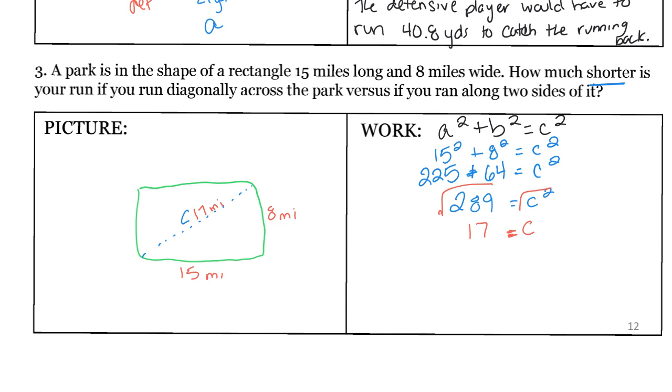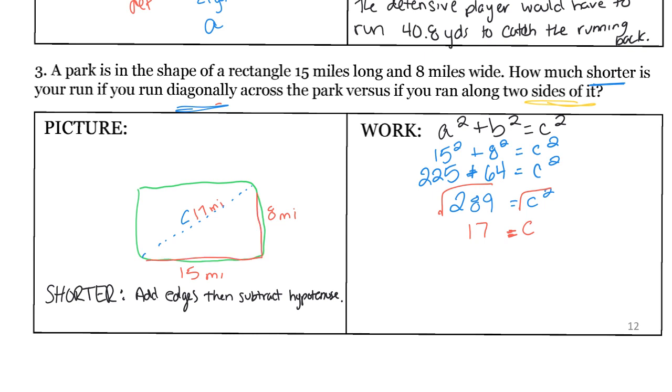But that's not what it's asking. It's asking how much shorter it is if you run diagonally than if you run along the two sides. So when it's shorter, what you need to do is add the edges, then subtract the hypotenuse, because that's our diagonal length. So we're going to add up our edges of 15 plus 8.